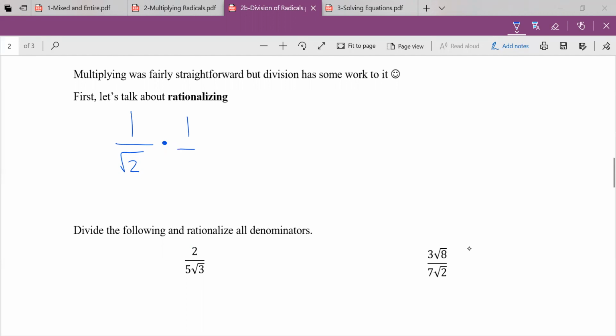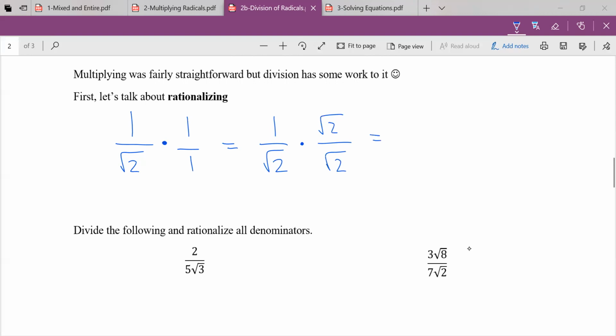So I'm going to multiply top and bottom by 1. Well, wait a minute, that's not doing anything. Okay, so I'm going to multiply by 1 in a sneaky way. And I apologize, I'm going sideways here. You ready? I'm going to multiply by root 2 over root 2, because anything divided by itself is 1.